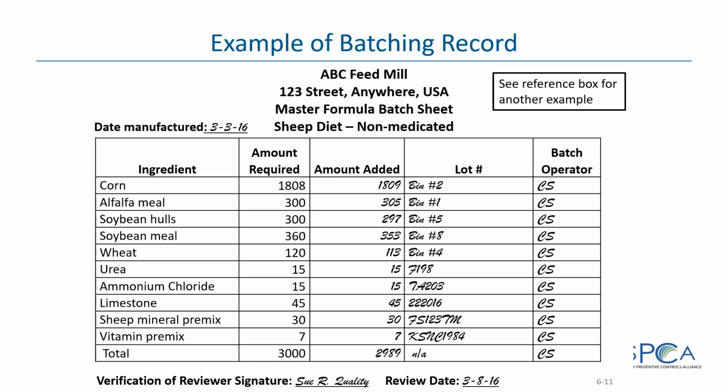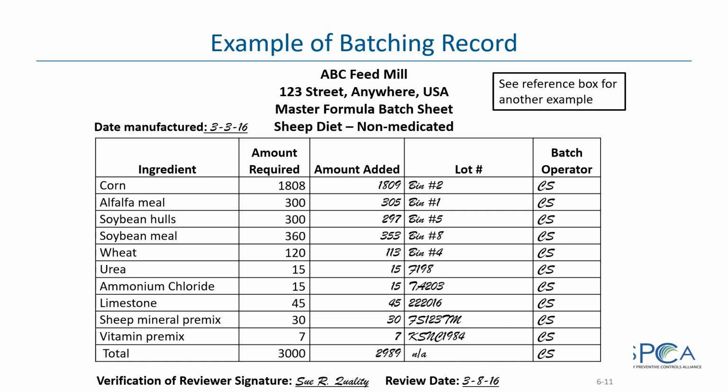And then right here, according to our records section, having initials or names on records produced is an important component. So our batch operator, his name is Chad Smith, CS, is going to initial that he was the one that weighed out and added all of these ingredients to this particular batch.